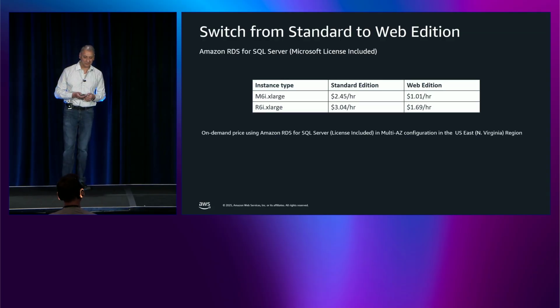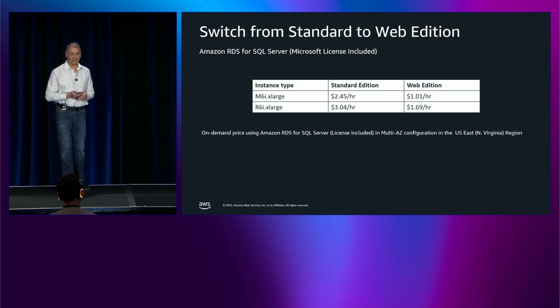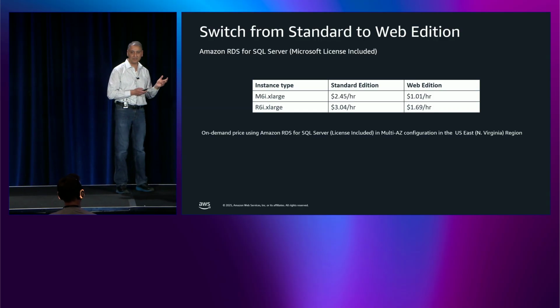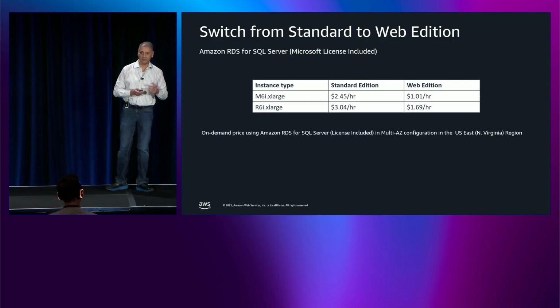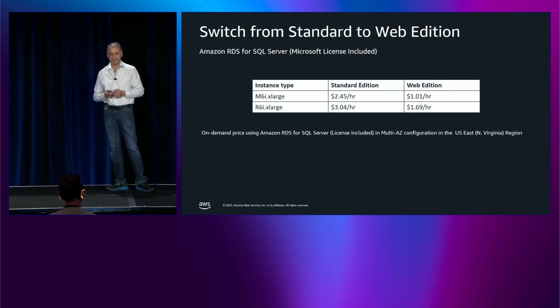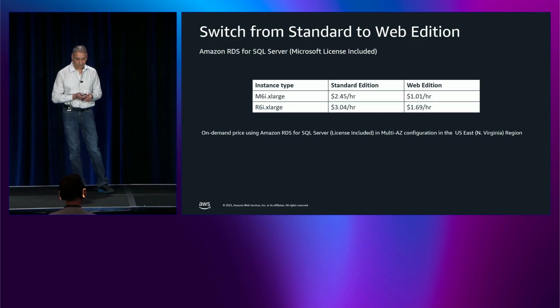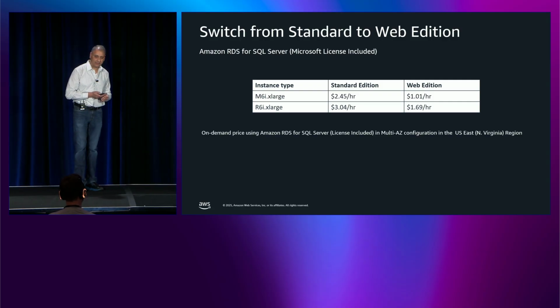What's the benefit? Let's look at the prices. And again, these are public prices for license included in the US East, Virginia region, but similar prices are applicable for all other regions. In this case, these are prices for a multi-AZ configuration. So I take two instances, M6XL and R6XL.